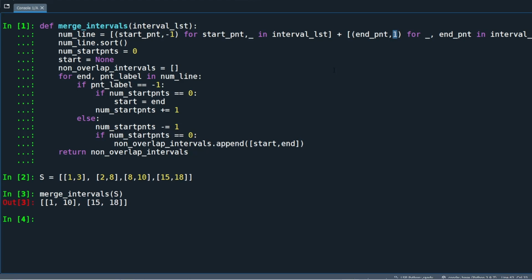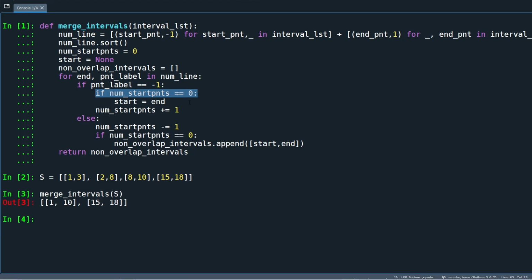Now we are ready to find the non-overlapping intervals. The function searches the sorted starting and ending point list. When it sees a starting point, it checks the number of starting points. If it is 0, it means there's a new interval.